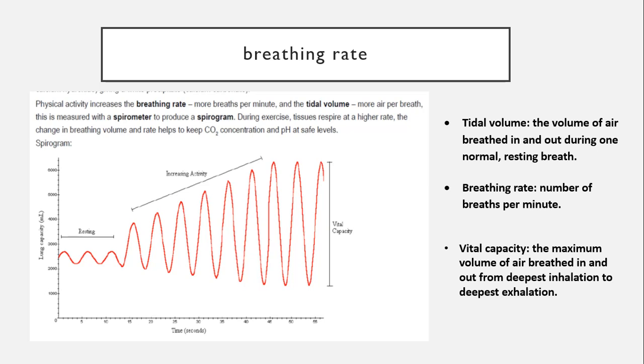Once you are exercising, because of physical activity, you need more oxygen. Your muscles need to respire more, they need more energy, and the pH also should be kept constant within safe levels.